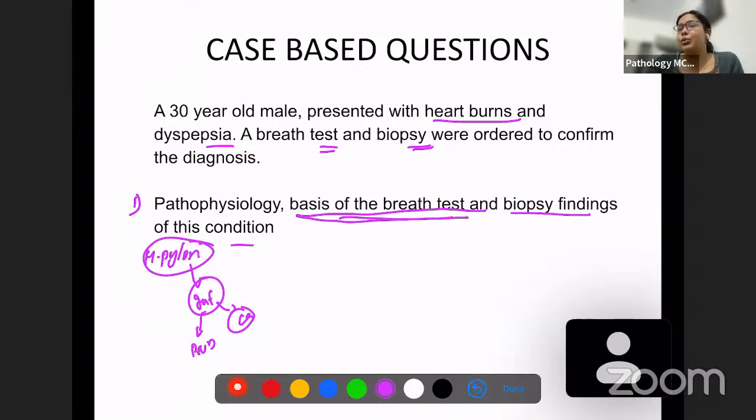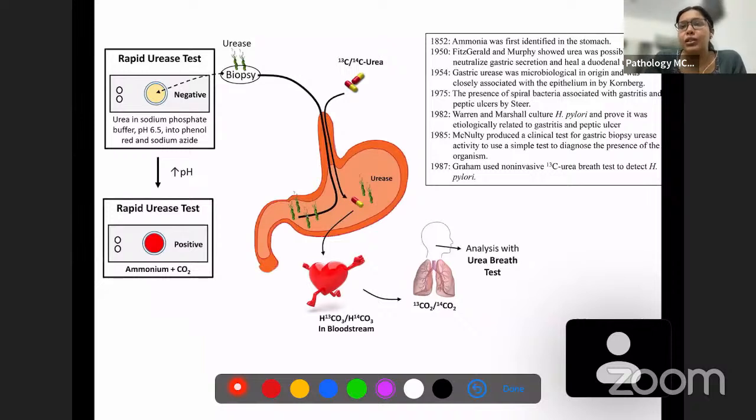Now, what is the basis of urea breath test? We know why urea breath test is done. The breath test is nothing but urea breath test. Urea breath test works under the principle that H. pylori is producing an enzyme known as urease. Urease is produced by H. pylori. Okay. There is radioactive carbon in the urea, and now this is going to get converted into carbon dioxide.